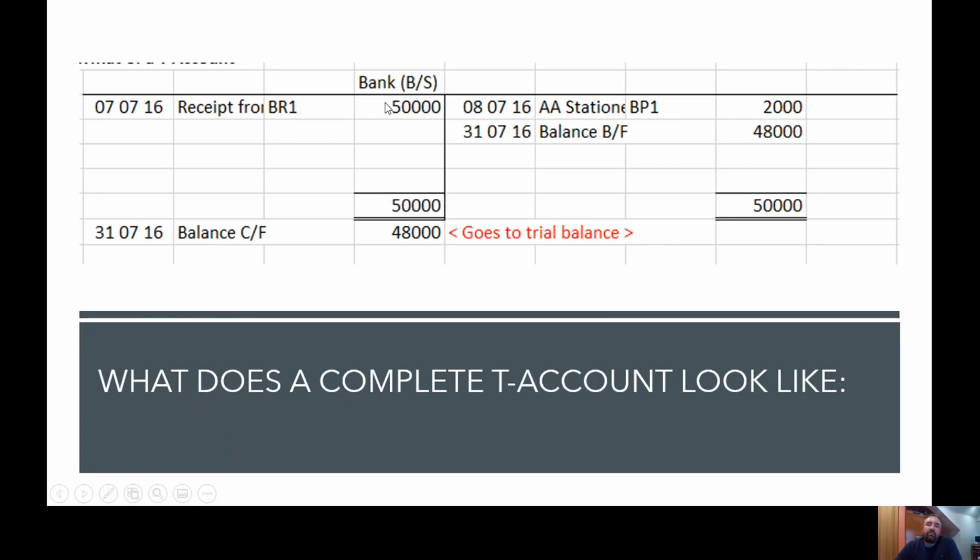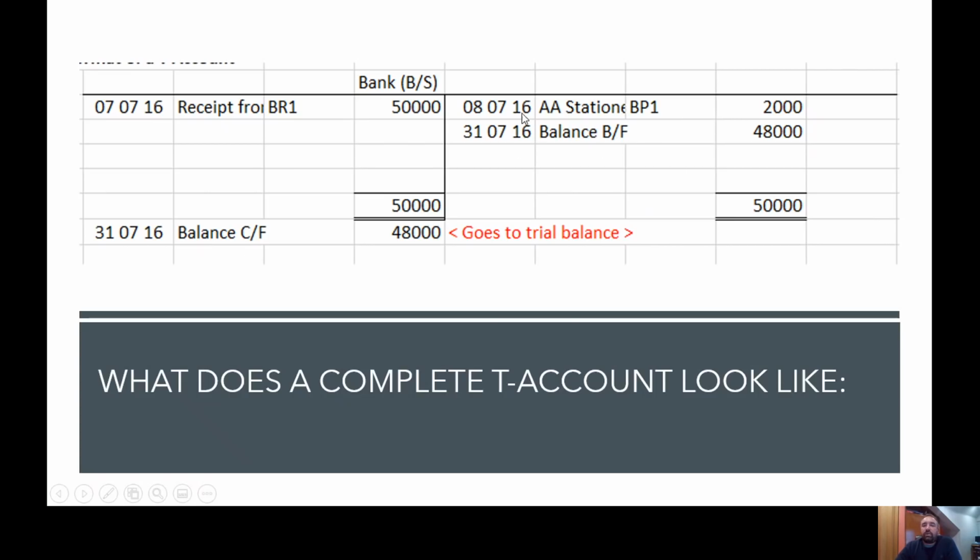So basically, if I look only at my transactions, I've got 50,000 Rand that came into my business bank account. And from there, I paid out 2,000 Rand. Then what you've got to do is you've got to look at which side is smaller up to that point. So 50,000 is larger than 2,000. So then I'm going to write my balance carried forward.